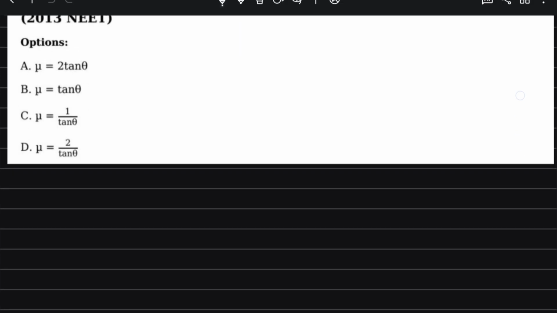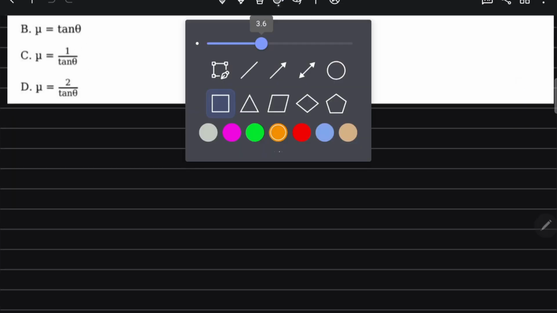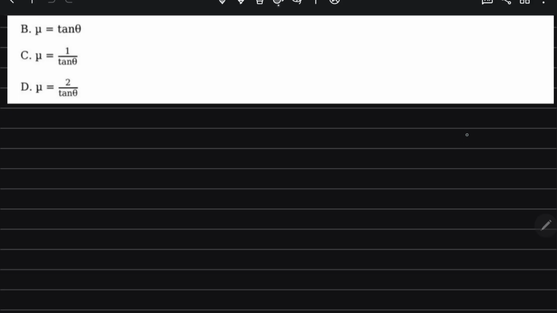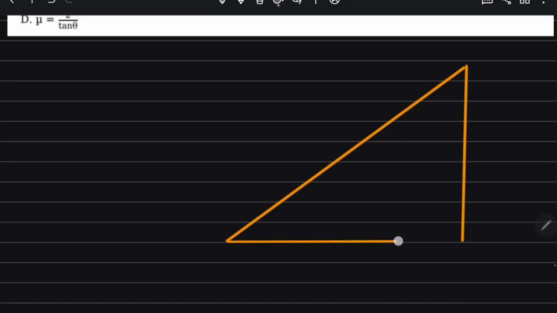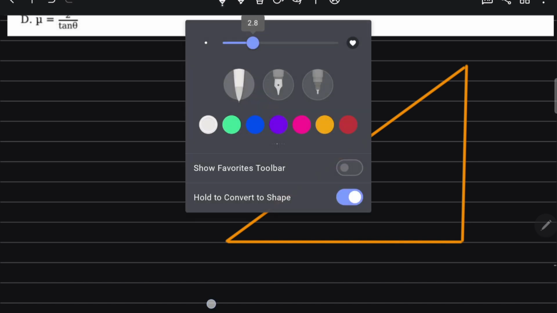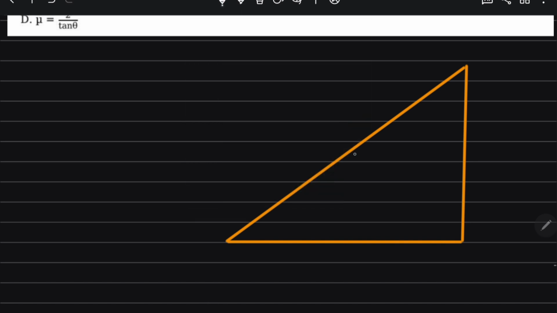So in this question, just to make the diagram first, this is our inclined plane. From here to here, half part, I say L by 2. This is smooth.